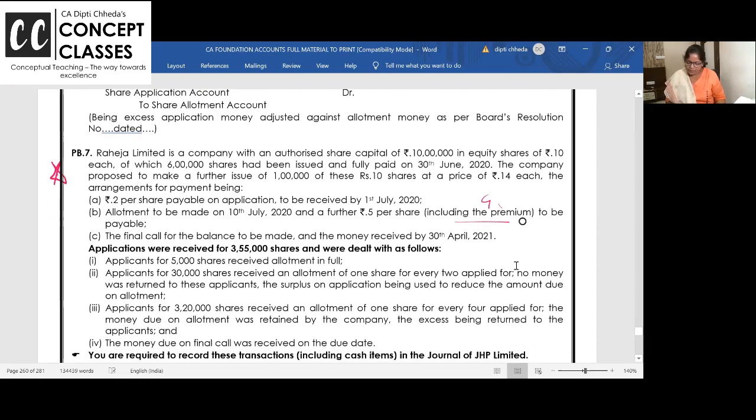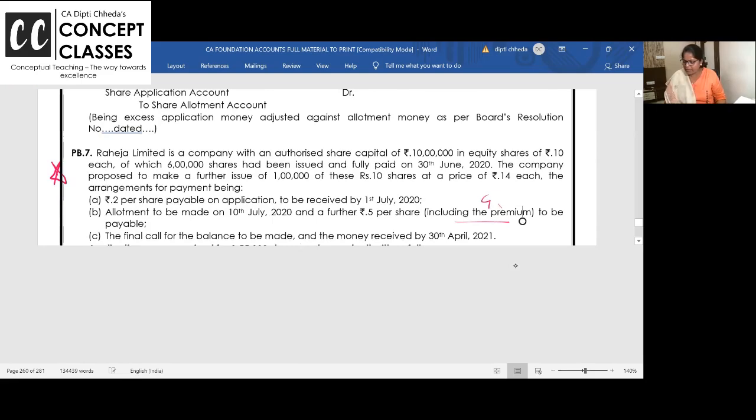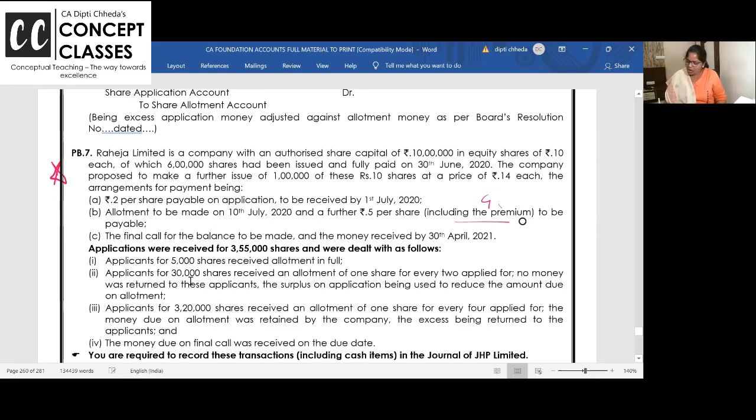Clear, right? On application 2 rupees, on allotment 5 rupees, and on final call the remaining amount, total 7 and remaining 7 on the final call.